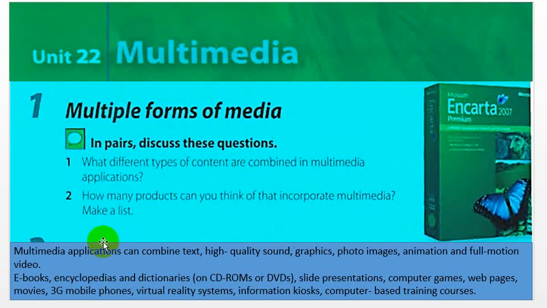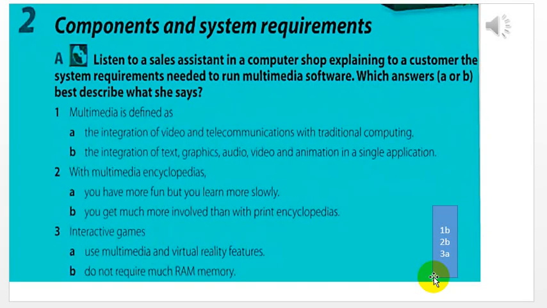You can make a list like this: ebook, encyclopedia, dictionaries, CD-ROMs, DVDs, slide presentations, computer games, web pages, movies, 3G mobile phones, virtual reality systems, information kiosks, computer-based training courses. You can list like this.